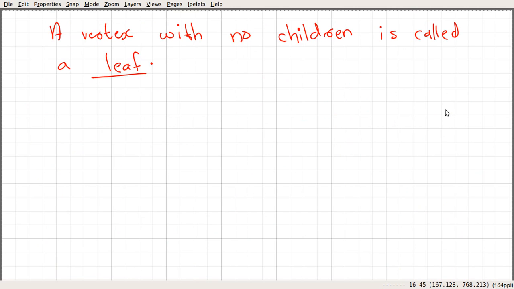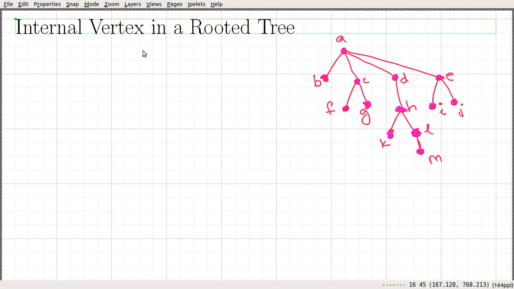So let's define some more terms here. Internal vertex in a rooted tree. Let's see what is an internal vertex. Vertices that are not leaves are called internal vertices.